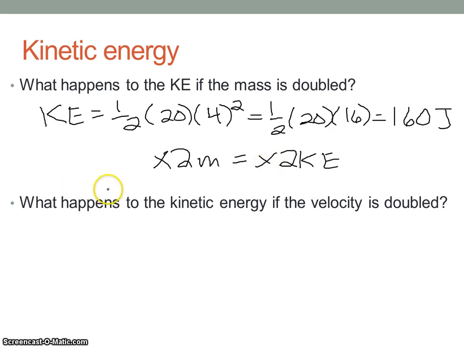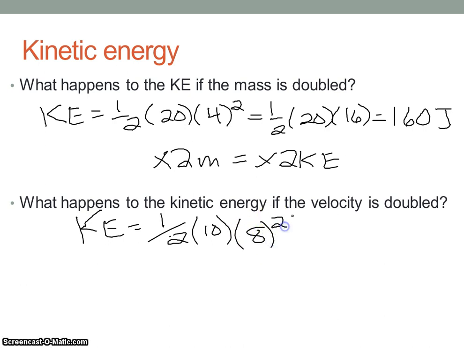Now let's look at what happens if you change the velocity. So what if we keep the mass the same, so it's still the same microwave oven, but instead of falling off the counter, what if we push it? Okay, so instead of going 4 meters per second, it's now 8. So we have 1/2 times 10 times 64.